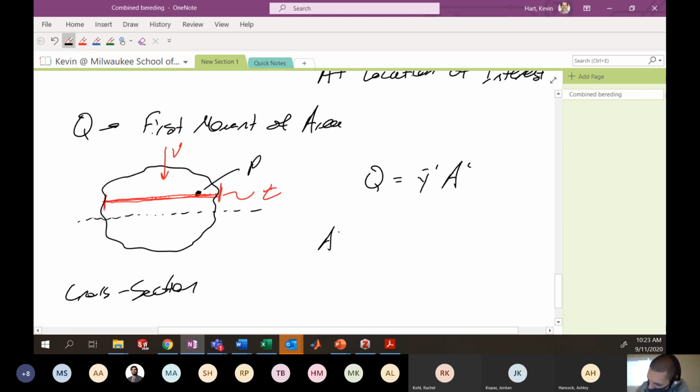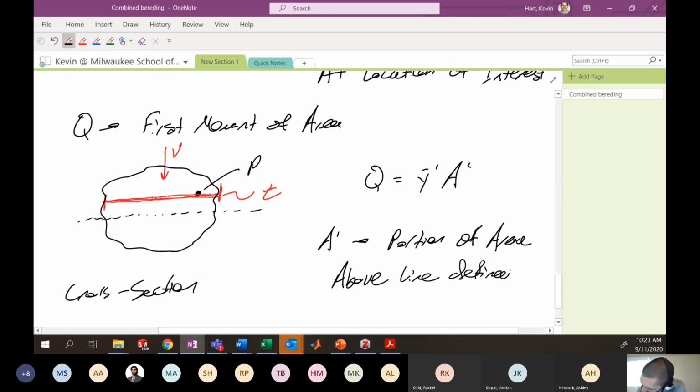A prime is the portion of the cross-sectional area that is above this line of interest, that little variable t.